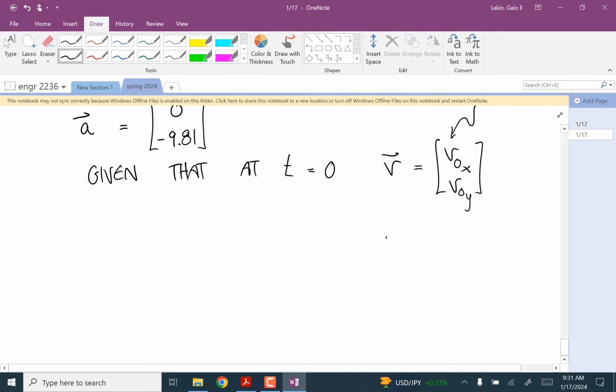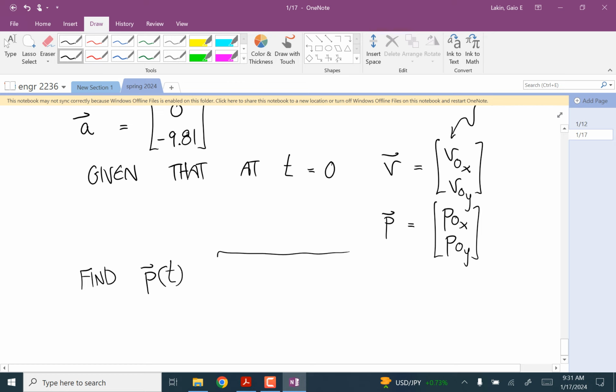And also at time equals 0, the position vector is p0x, p0y. And we want to find the position vector as a function of time. Okay.